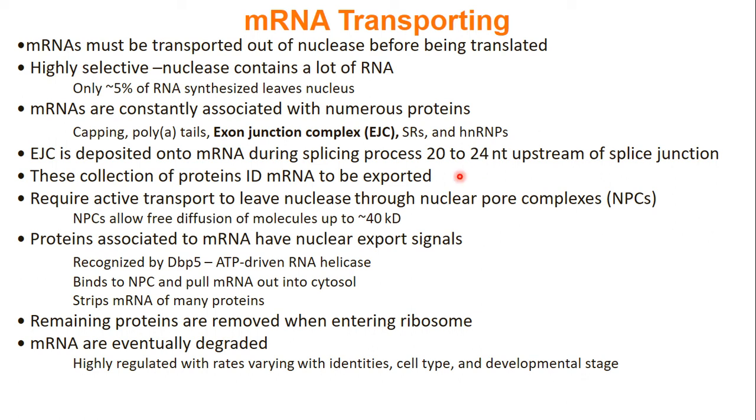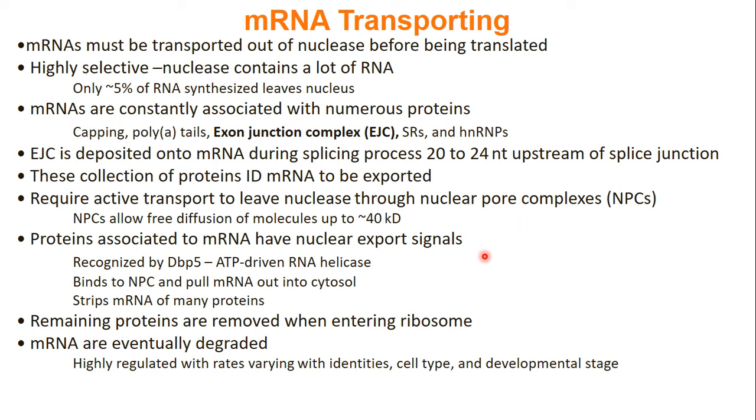And so what will happen is that this mRNA and all the proteins that are associated with it will go to the nuclear pore complexes, or NPCs. Now, the NPCs are relatively large pores, and they allow free diffusion of any molecule up to 40 kilodaltons, but the mRNA and the proteins associated with it are too big to leave by themselves.